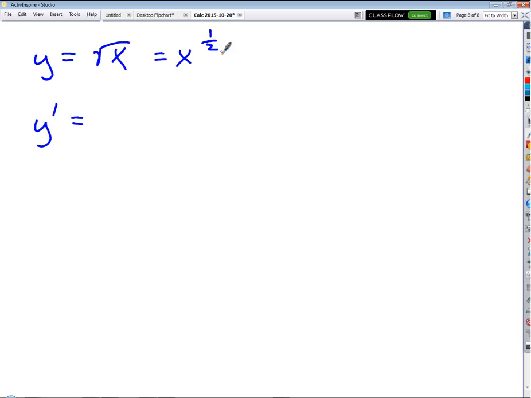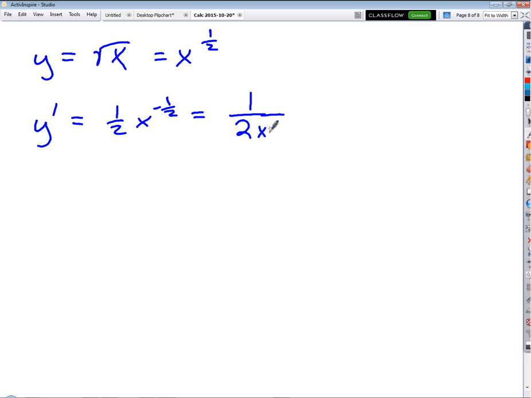So Janelle, what do I get if I apply my power rule to this? 1/2 x to the negative. Good. And so if I want to write that in terms of maybe a radical, what's that look like then? So I've got 1 over 2 on the bottom. What do I do with this x to the minus 1/2? Okay, good.